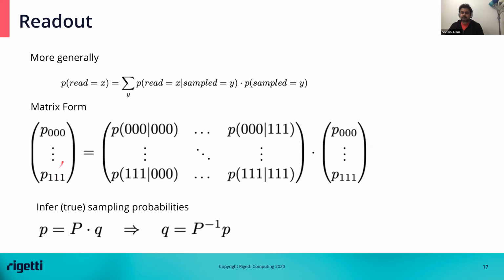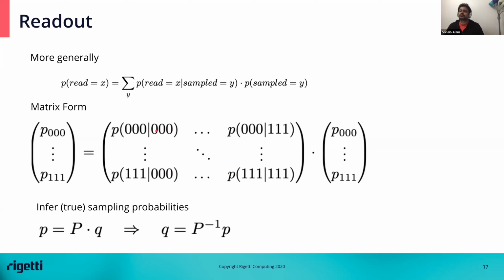And that gives us an experimental estimate of what these probabilities are. And likewise, we can compute what this confusion matrix looks like by doing the following. What we will say is that, okay, we will prepare each of these ideal states on our quantum device, and then we will read it out.